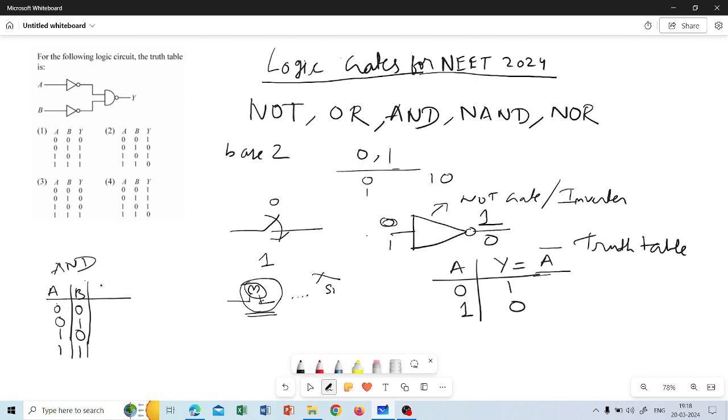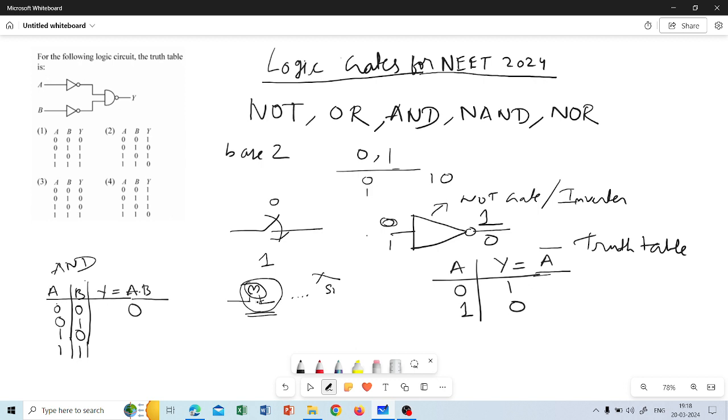The output y is equal to a dot b. This is simply multiplication, you can think. So 0 into 0 is 0. If both the bulbs are off, no problem. 0 into 1 is also 0.